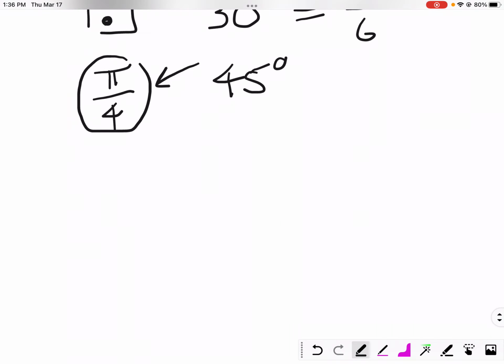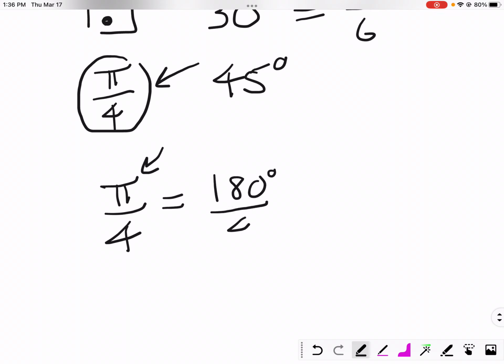The other thing we can do is, pi over 4, well, that is pi radians. Pi radians converted to degrees is 180. So we can change that to 180 over 4, which is another way of getting to 45 degrees.